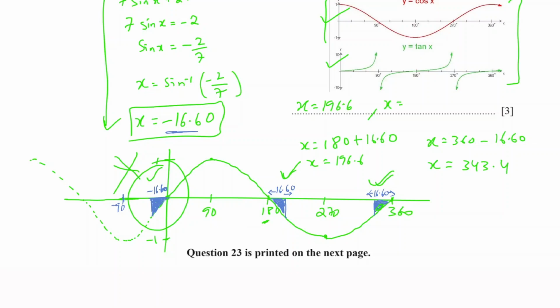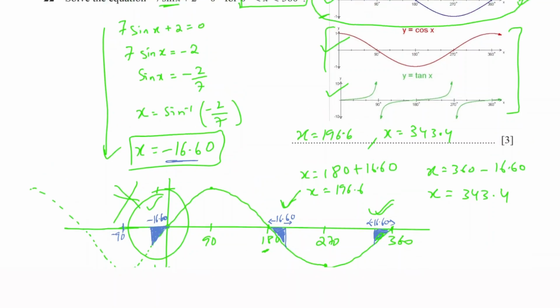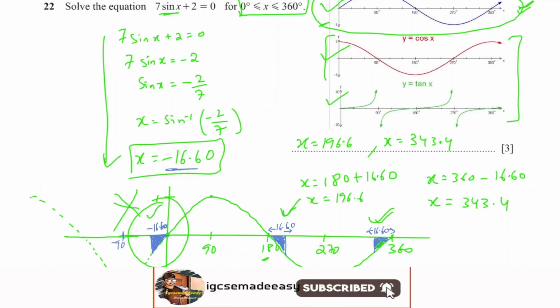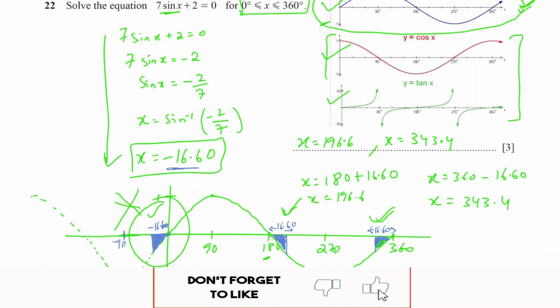So another value of x is 343.4. This is a very simple symmetry way of understanding. You can go through the same question 2 or 3 times, and definitely you will understand. So let's move on.